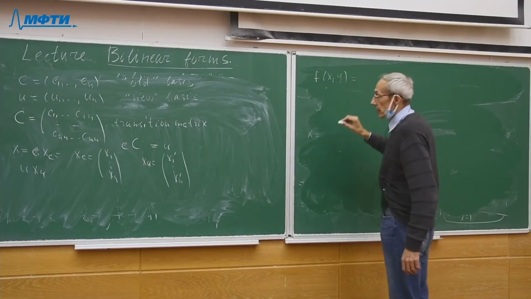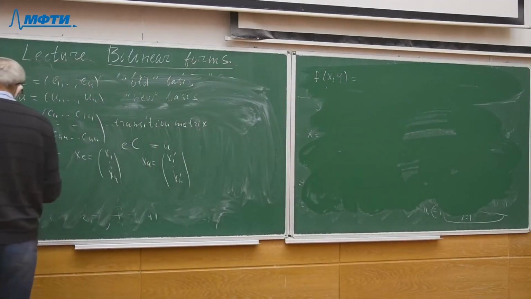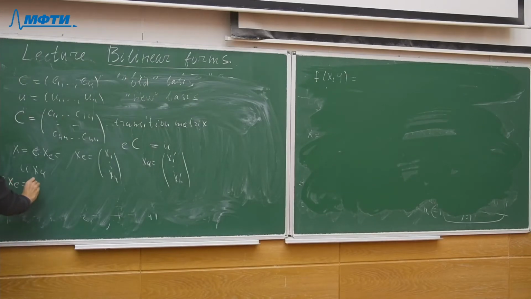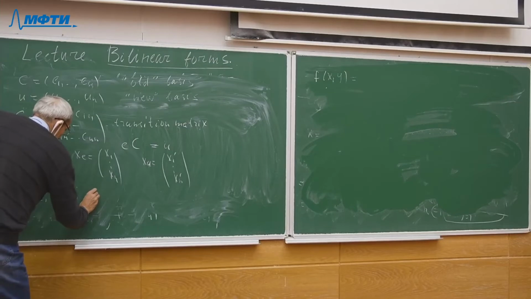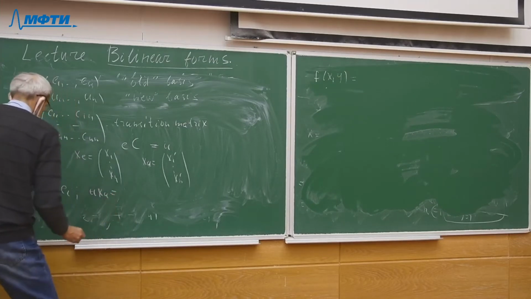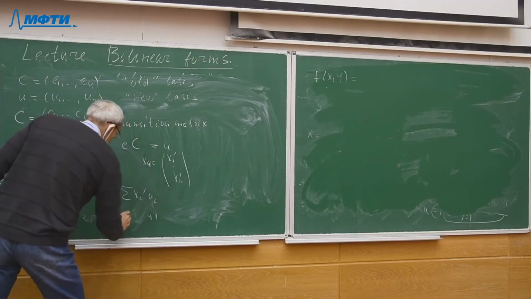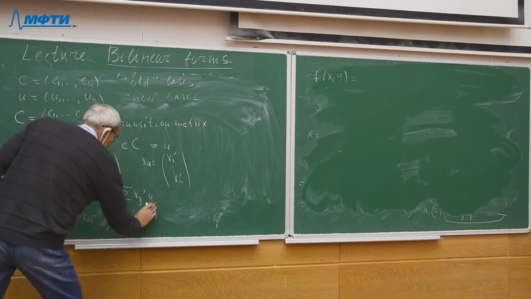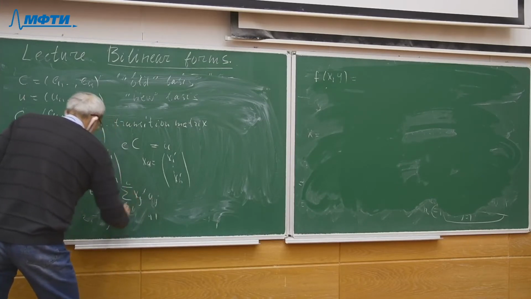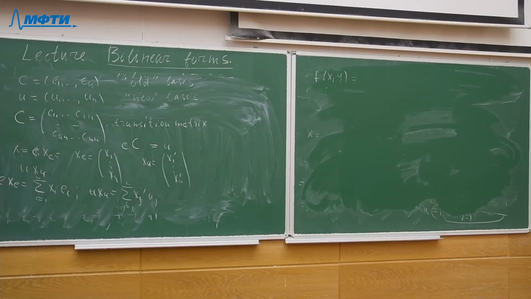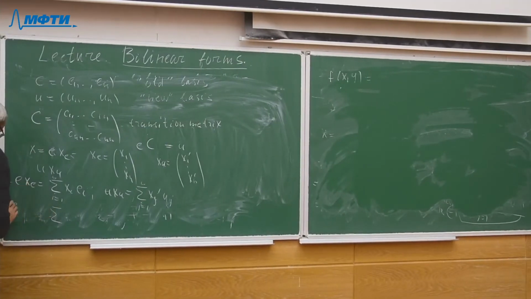We can rewrite E XE as exactly equal to the sum of xi ei, and U XU is exactly equal to the sum of xi prime ui, xj prime uj. And in the same way we obtain the same expression for the vector Y.